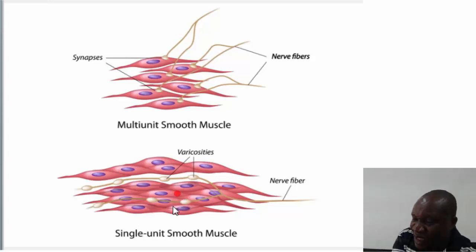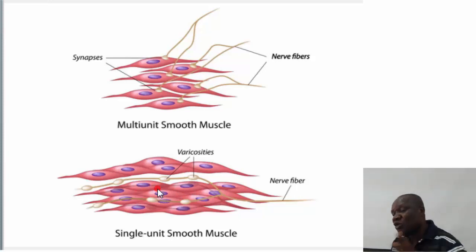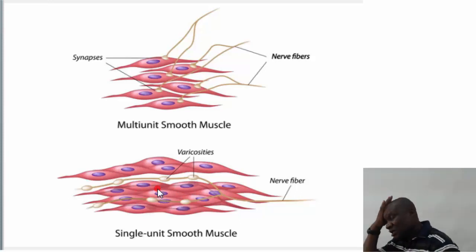Now, these cells behave as a single cell because they have gap junctions which will transmit action potentials or chemicals from one cell to the rest of the cells. So if an action potential is generated in this cell, the information will be transmitted to all these cells, and these will contract simultaneously.